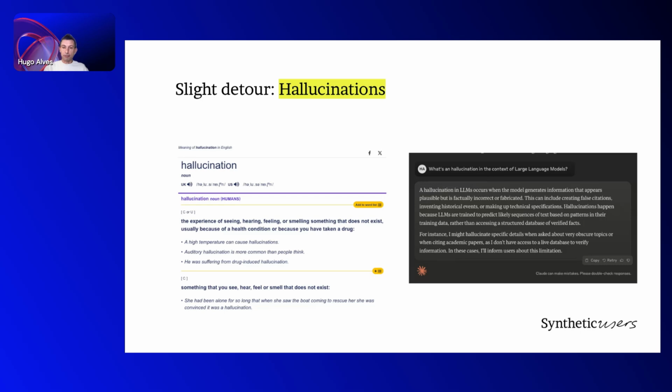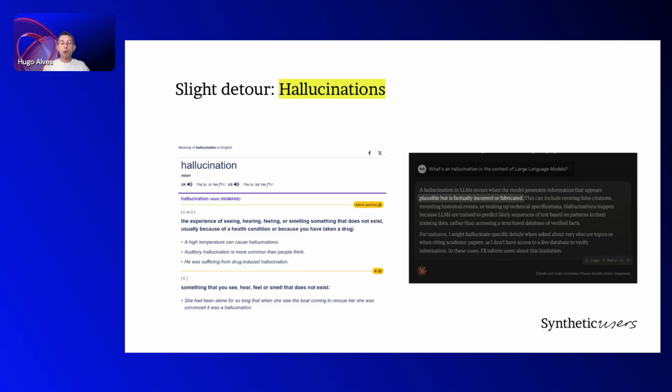This can be for a lot of different reasons, mental health issues, or drugs, for example. But in the context of machine learning, it has a quite different and precise meaning. It's when a model generates something that is plausible but not factually correct, or it's fabricated.